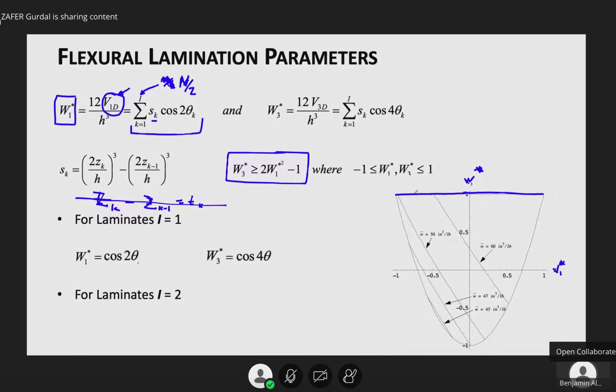So this is the case, the blue line is the case, sorry about that, where single orientation, when I is equal to 1, there's only one layer, all of those laminates starting with 0 here, and with plus minus 45 are in this diagram along this line, and from plus minus 45 it goes to 90.